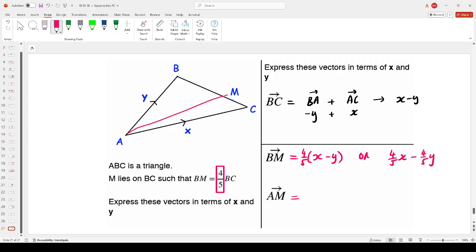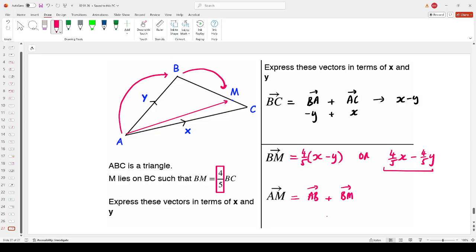So A to M, thank you Hassan, thank you Adion, is A to B plus B to M. Thank you Manuel. Do I have B to M? I do, it's right here. So 4/5. Zachariah, let me know if I still got you there.